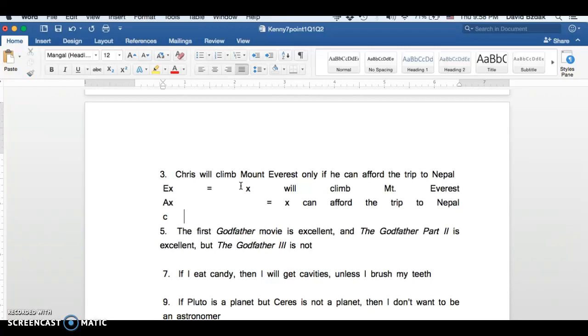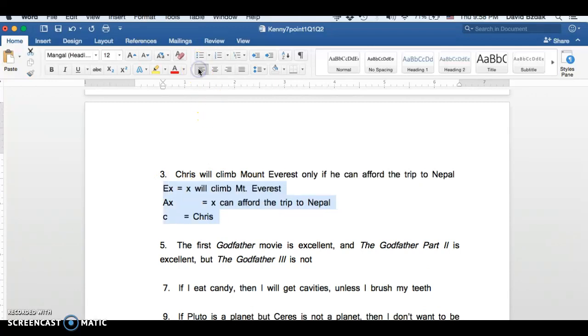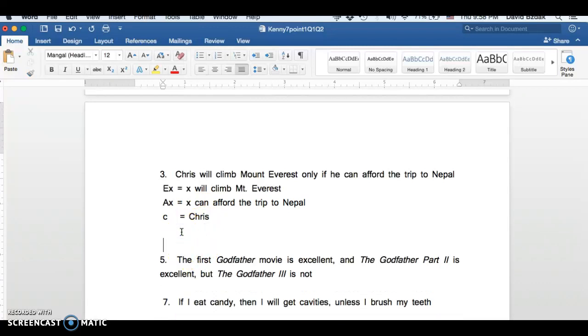Lowercase c will be Chris. I don't know why these weird spacings are happening here. Okay, and this is the last one I'm going to do because I'm almost out of time.